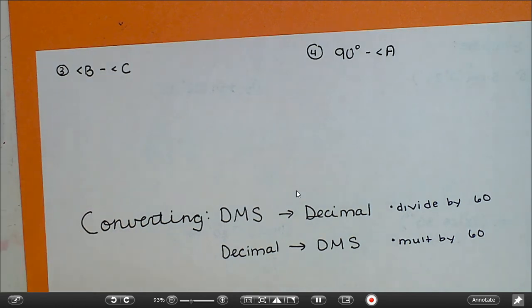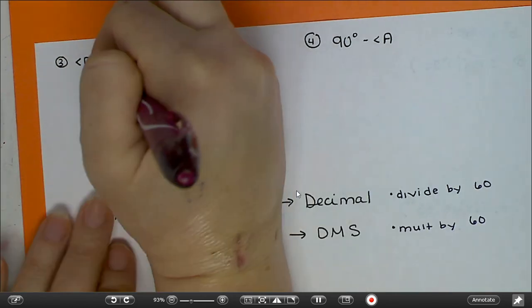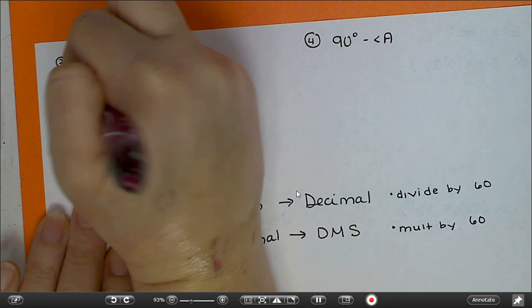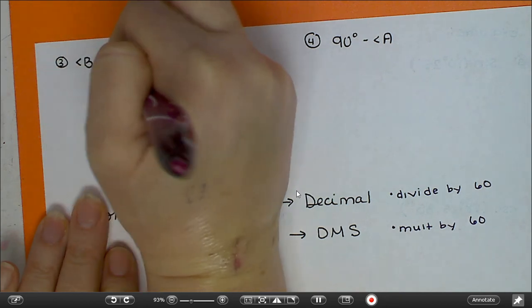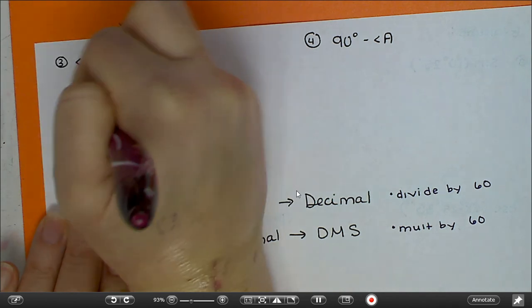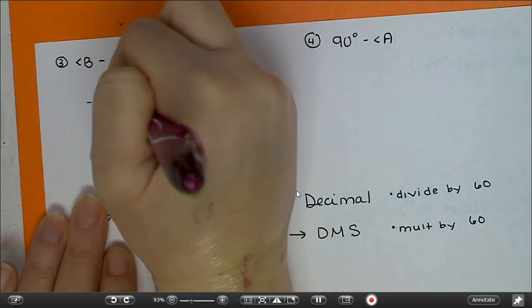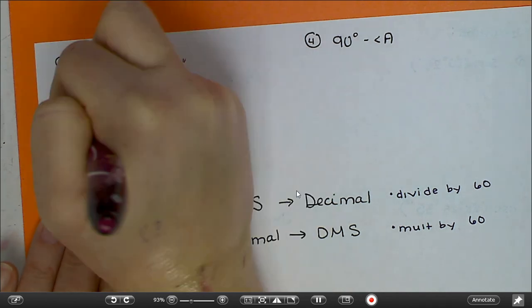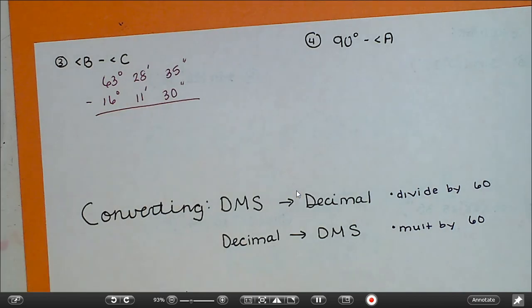All right, so angle B minus C, I have those numbers on the other paper. Angle B, 63, 28, 35, and minus C, which is 16, 11, and 30. So in this one, everything is great.